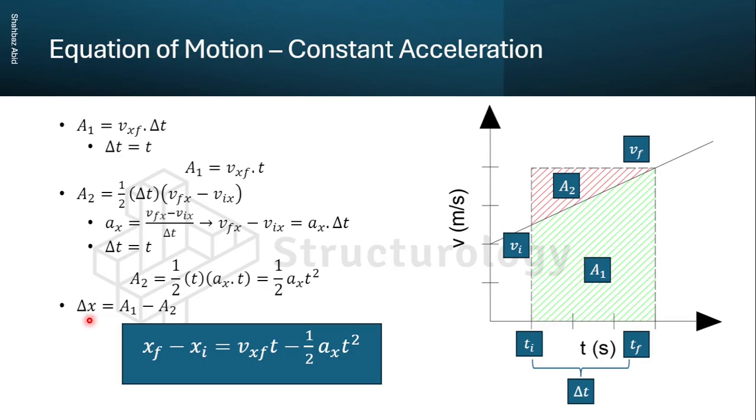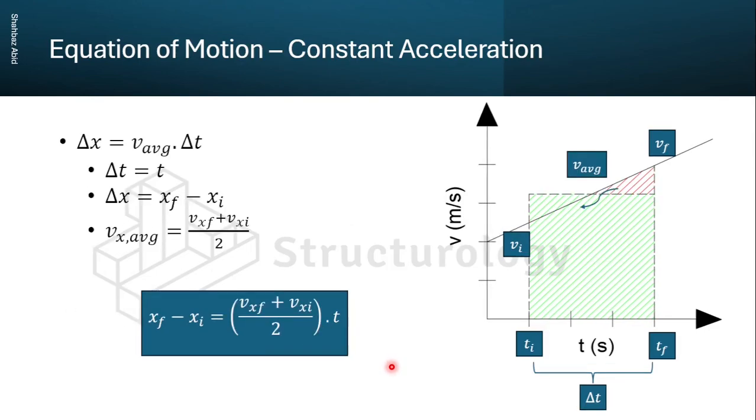So if I substitute, delta x is going to be final position minus the initial position is equal to area 1, which is final velocity times t minus half times ax times t square, which is area 2. So this is the third equation of motion for constant acceleration.